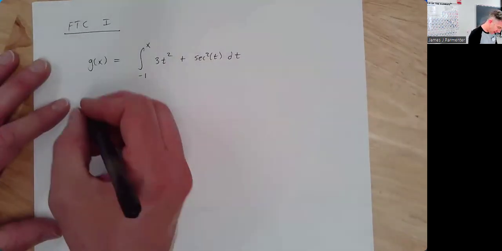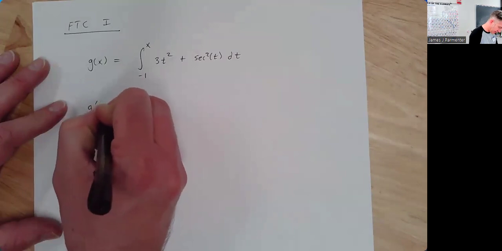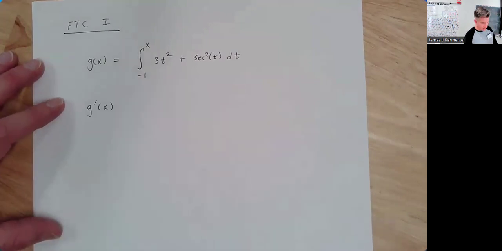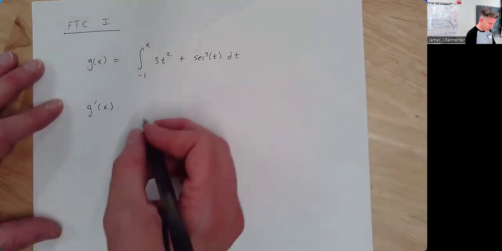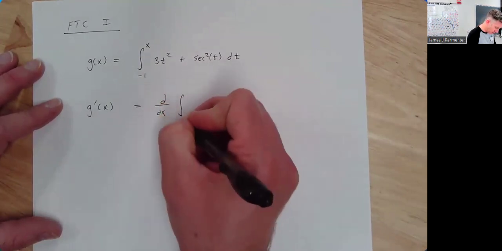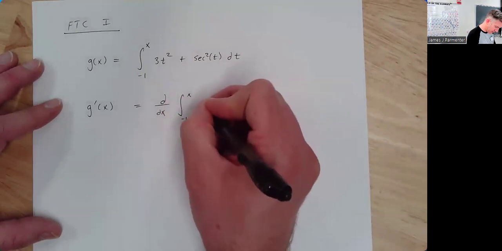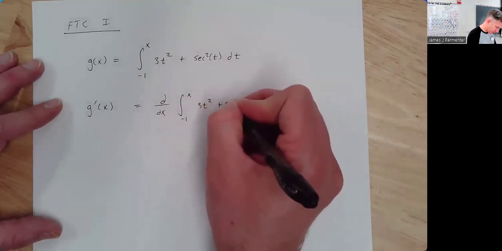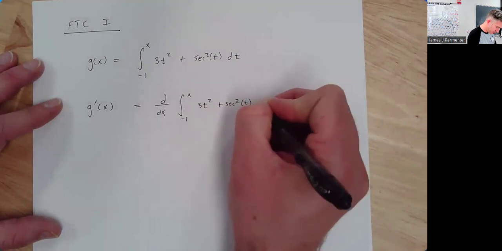And I ask you to find the derivative. So I can either write it like this, or sometimes I'll write it like this: the derivative of the integral from -1 to x of 3t squared plus secant squared of t, dt.